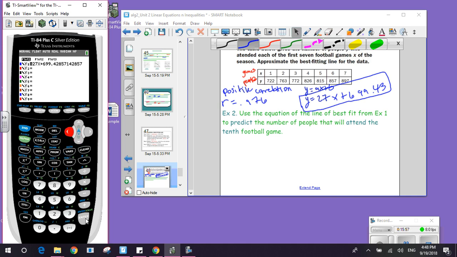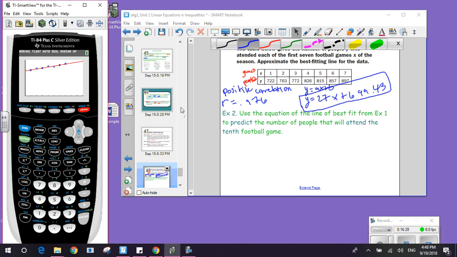Because our dots are blue, so we want to change the color to something else so it stands out a little bit, and then hit OK. Now when I graph, it graphs the line. So again, the line of best fit has to be as close as possible to all the data points, and it's almost hitting every single one.